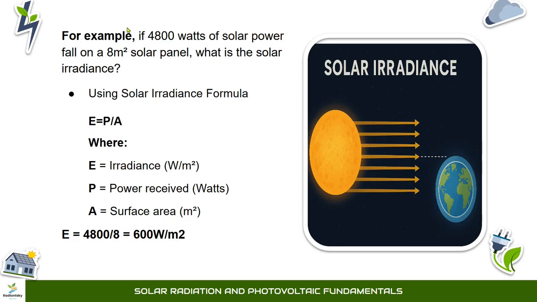So if we want to ascertain the solar irradiance of this performance in a particular region or in a particular situation, we'll say that 600 watts per square meter, that is the solar irradiance. 600 watts per square meter. So when a question is thrown to you asking for solar irradiance, the person just wants to know what is the capacity of watt hour per square meter that is being produced.